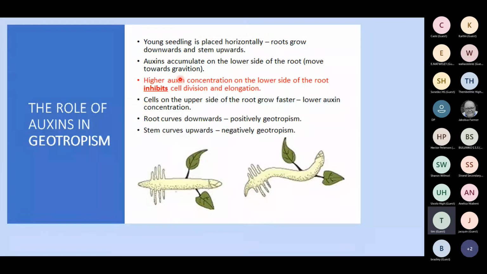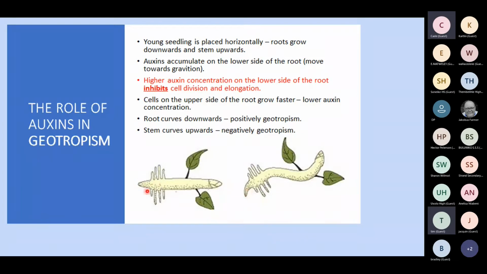Now you need to be able to explain why the root will grow downwards and why the stem will grow upwards. So take note: when we have a young seedling like this, and this picture is in your booklet, page 23, roots will grow downwards and stems will grow upwards. Why? Because auxins will accumulate at the lower side.